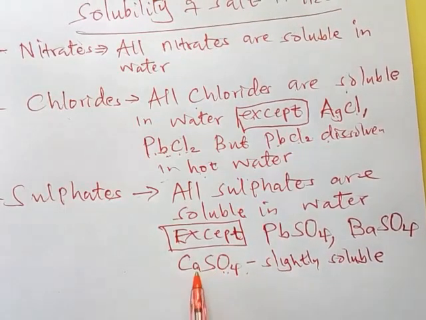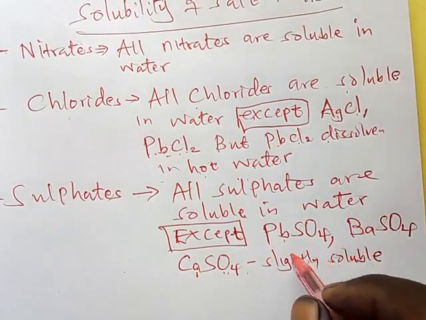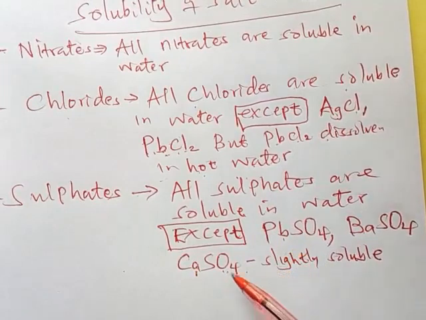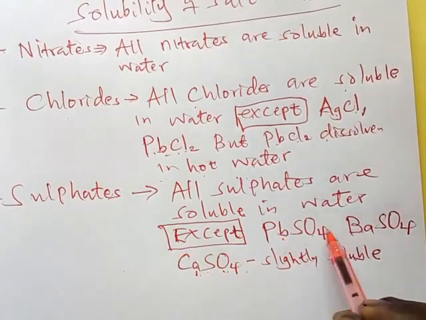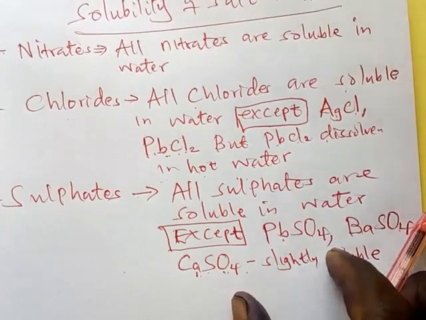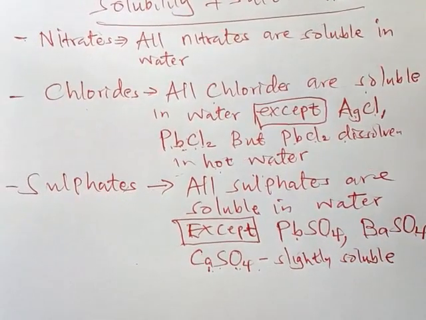So we say calcium sulfate, lead sulfate, and barium sulfate are insoluble in water, because if you dissolve them, you will see some milk. If it is milky, then it is not a colorless solution. So they form a white precipitate. It means they are insoluble in water.